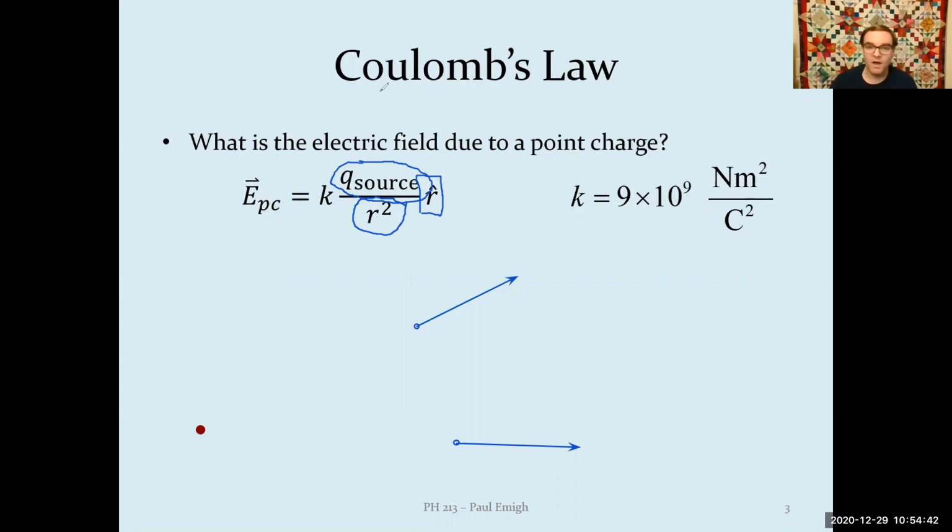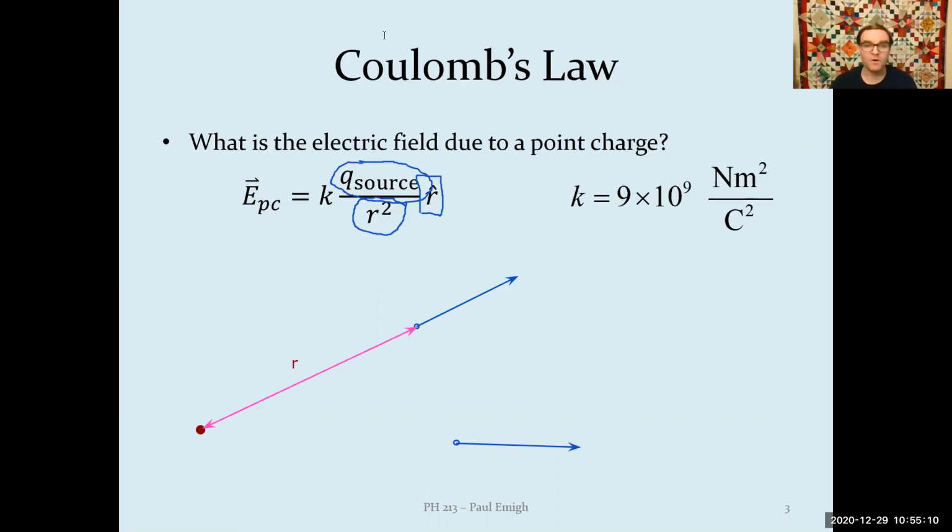I can, if I want, actually write this down. This R distance points from the red charge to the point where I'm finding the electric field. I could label that little thing R. And that R is going to be different at every point in space. So this other blue point that I've drawn down here looks like it's about the same distance away, so I'm going to get about the same electric field.